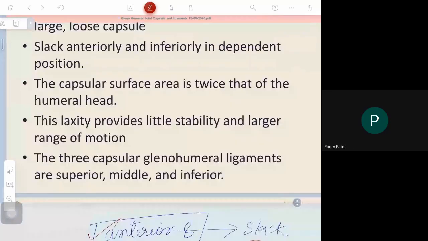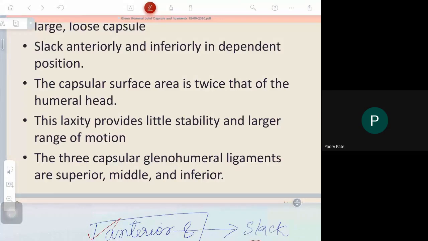Okay. Third point, the capsular surface area, that is the surface area of the capsule, is twice that of the humeral head. Clear?